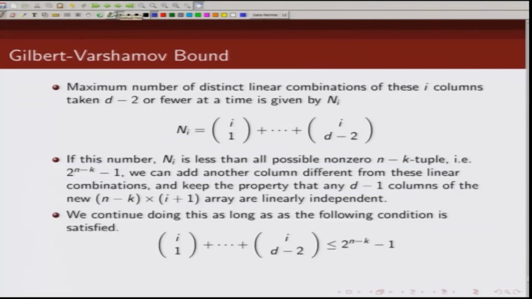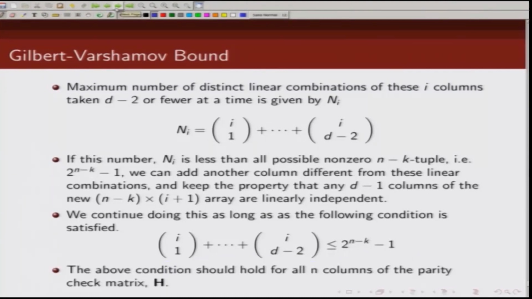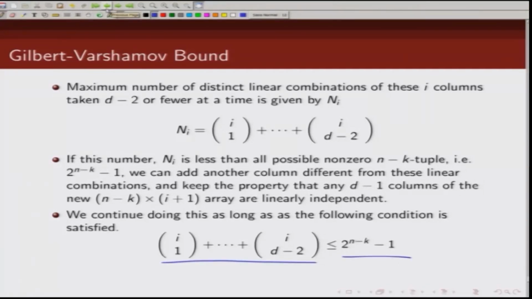So, we continue doing this. What we want is that this number N_i should be less than 2 raised to power n minus k, minus 1, and this should be true for all the n columns of the parity check matrix. Hence, this condition should be satisfied for all the n columns, and that essentially proves our result.